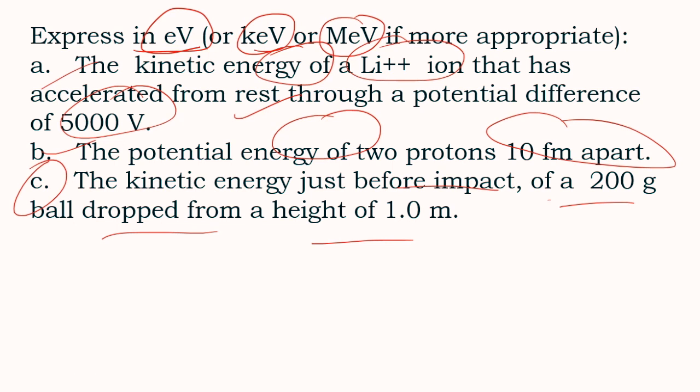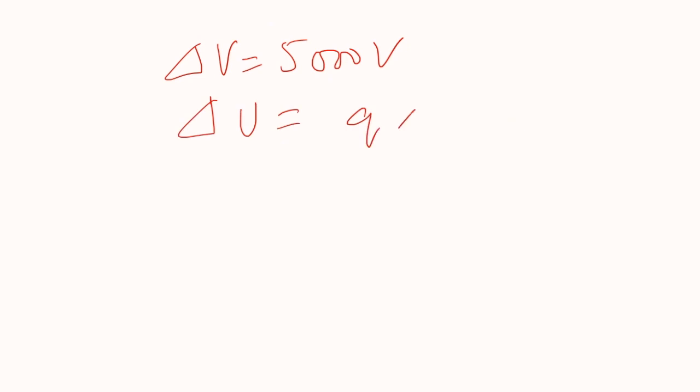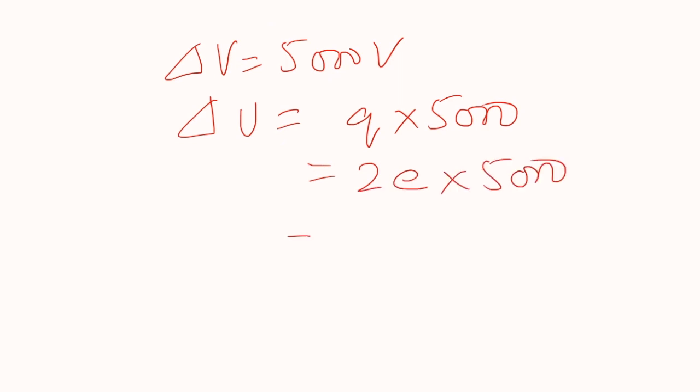That is the kinetic energy of the lithium-2 positive ion that is accelerated from rest through a potential difference of 5000 volt. So we know delta V is equal to 5000 volt. So what will be delta U? That will be Q into 5000 volts. So what is Q? It's 2 into e, and it's positive.